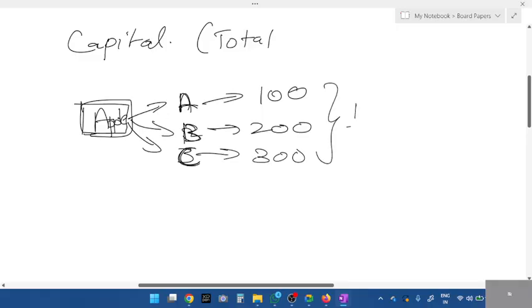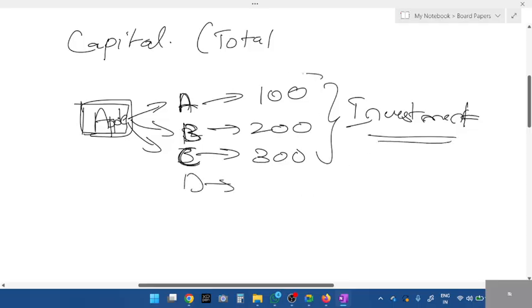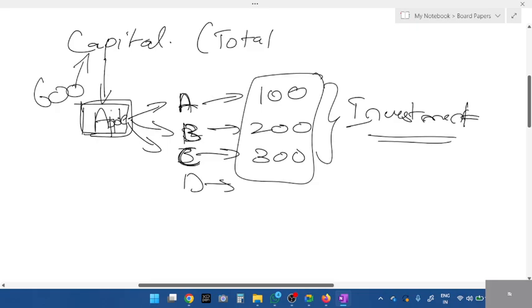These are known as investment, students. Investment belongs to a person, not the company. Again, a new person, D, can also come and invest. This is known as investment. What is the total here, students? 600, right? This 600 together is known as capital. Capital belongs to the company, not the investment.